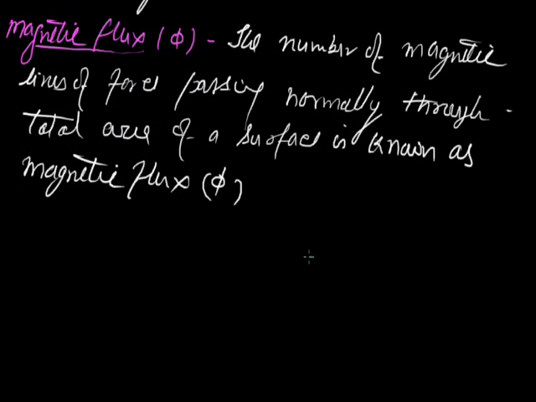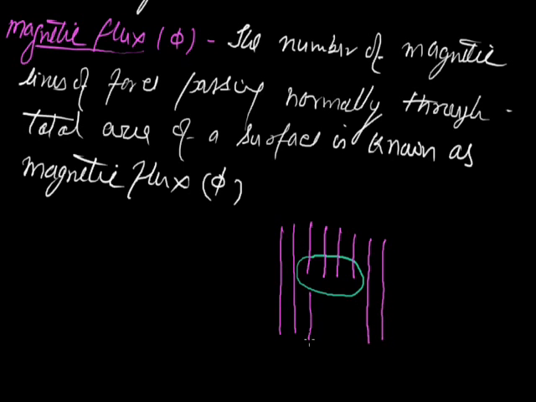so this one is any frame, these are the magnetic lines of force, the uniform magnetic field B. This is any surface.